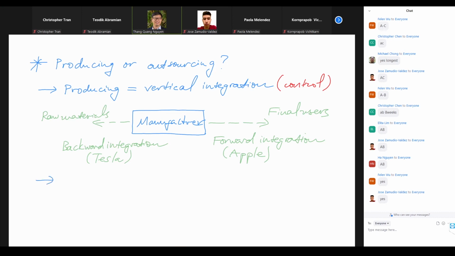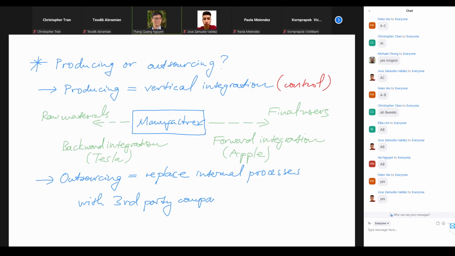In opposite, producing, we have outsourcing. Outsourcing means that we replace the internal processes with the third-party company processes. But instead of producing it by ourselves, then we ask another company to produce it for us, right?